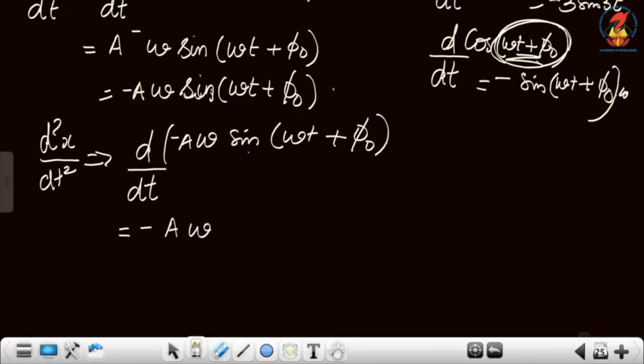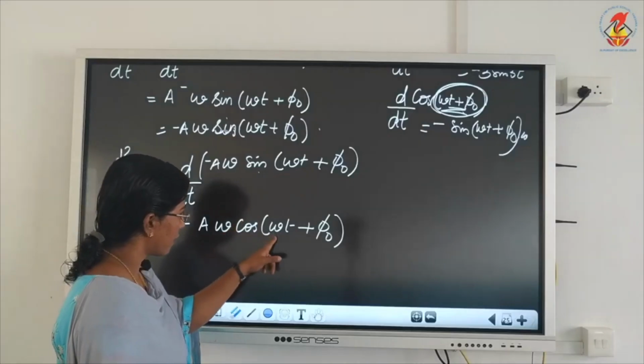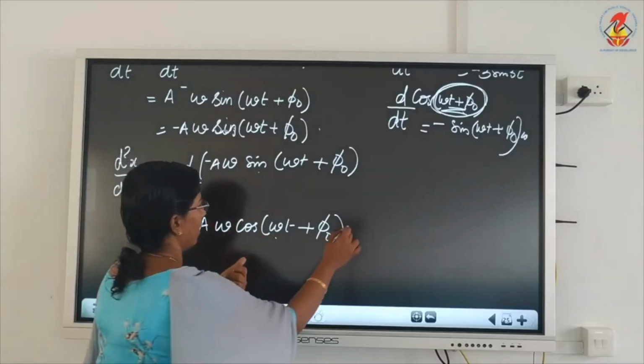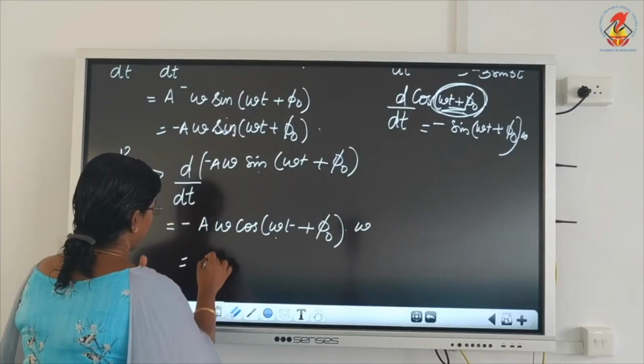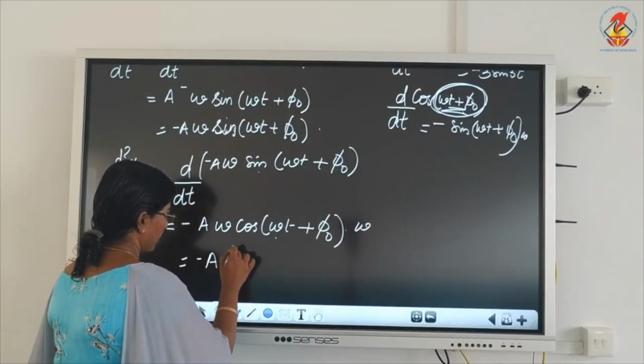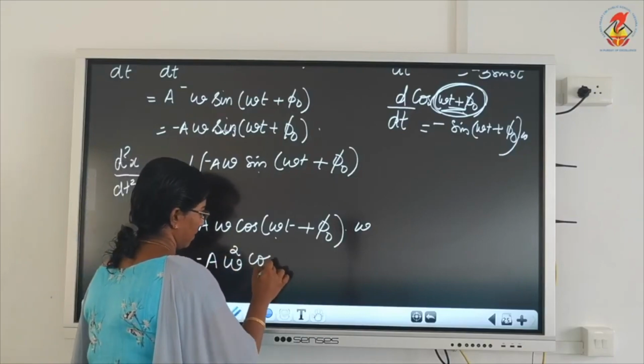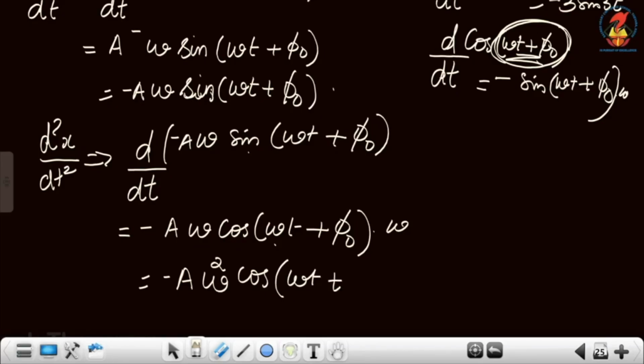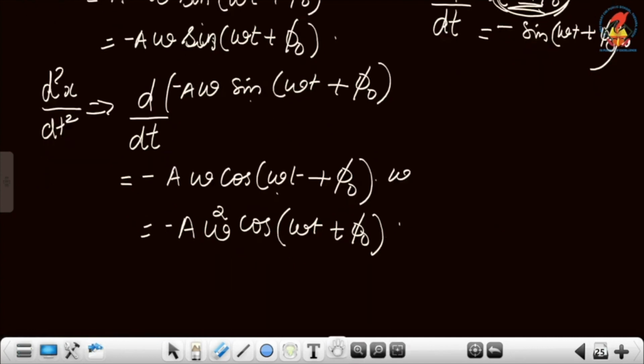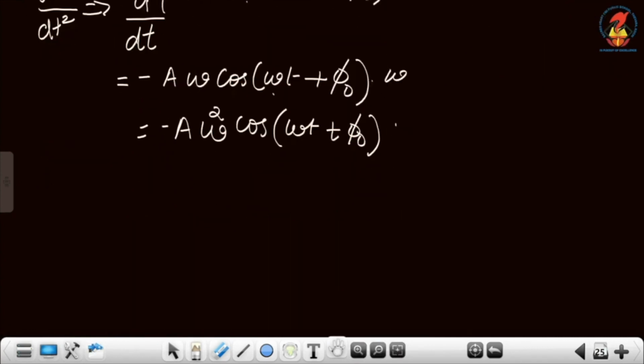The differential of sin θ is cos θ, so the differential of this term will be cos(ωt + φ0). Then the differential of ωt gives ω. So we will get minus Aω² cos(ωt + φ0). So we got d²x/dt².